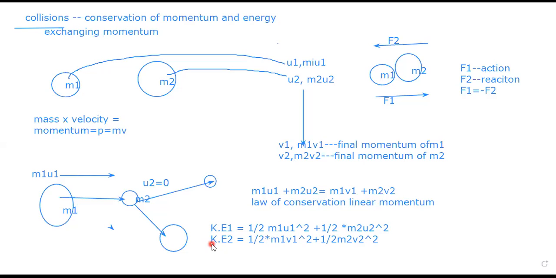It depends upon the surfaces of the two masses, whether they are very smooth surfaces or irregular surfaces, or upon the type of collision, whether it is between ordinary bodies or between two atoms, nuclei, like that. Depending upon the nature of the surfaces, the kinetic energy may be constant, Ke1 equals Ke2, or Ke1 is not equal to Ke2. So in the next class, we will discuss the conservation of kinetic energy.